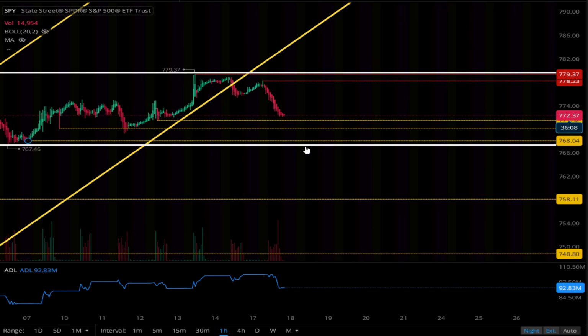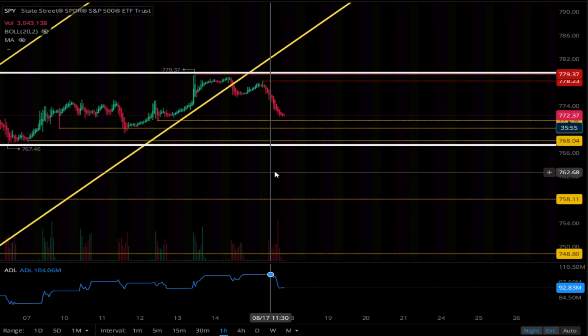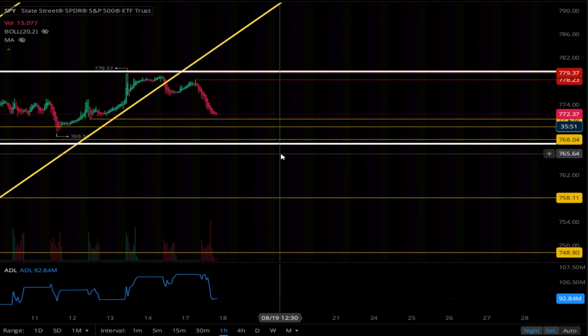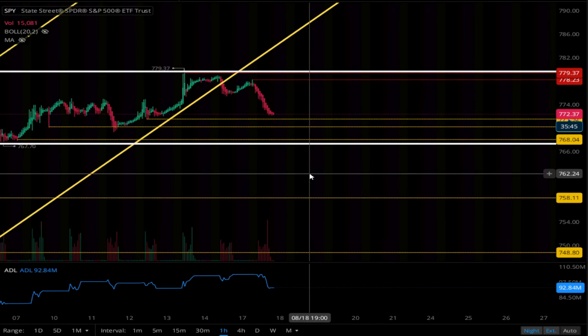If we break through all of those ranges, then we do have the bottom of this channel. I'm trying to find the exact range on it, but it's kind of a pain. It's basically around 767.45. So that's what I would be looking for. I don't expect this all to break down tomorrow. Perhaps over the next 2 sessions, we should be expecting that to occur.